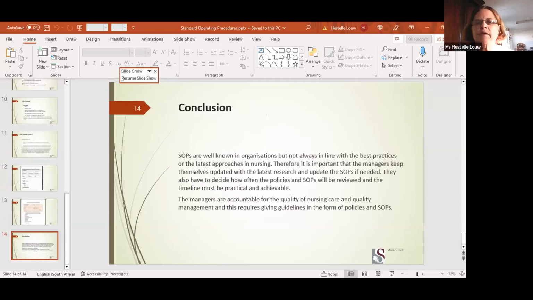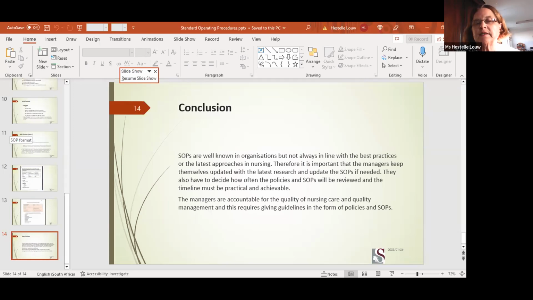The conclusion is SOPs are well known in organizations, but not always in line with the best practices or the latest approaches in nursing. Therefore, it's important that the managers themselves are updated with the latest research and update the SOPs if needed, and also have to decide how often the policies and SOPs will be reviewed, and the timelines must be practical and achievable.